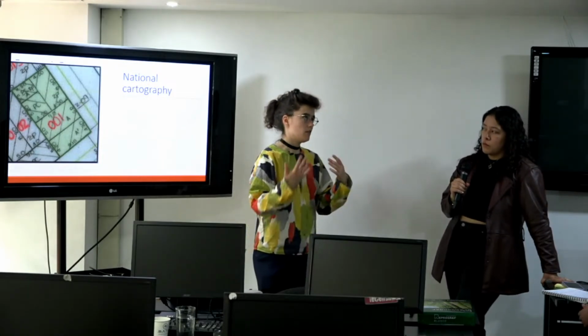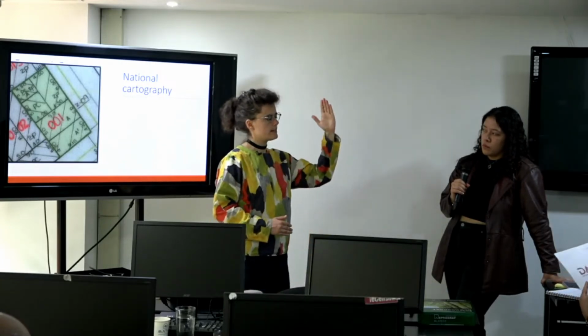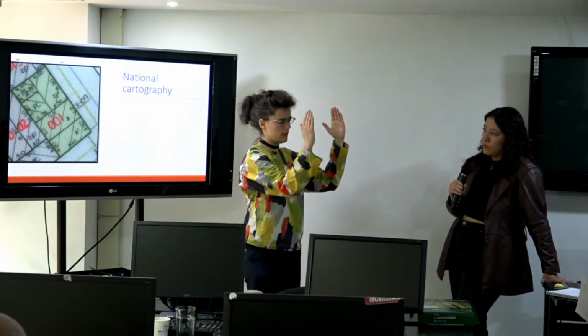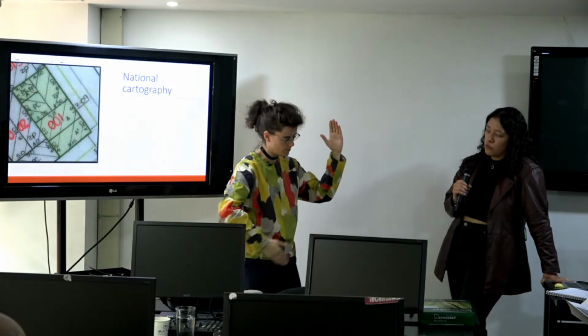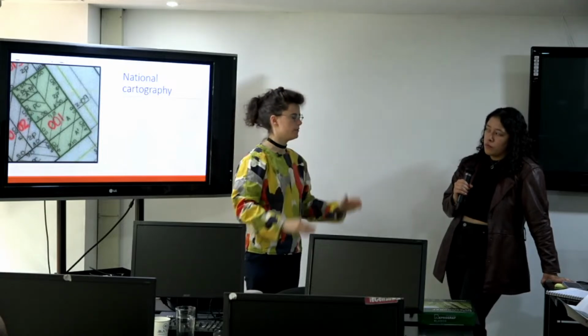So maybe the modeling process would be to use data that does not have a lot of detail but is complete, and to link it with the data that is incomplete but with a lot of detail, to fill in the gap in the national cartography.